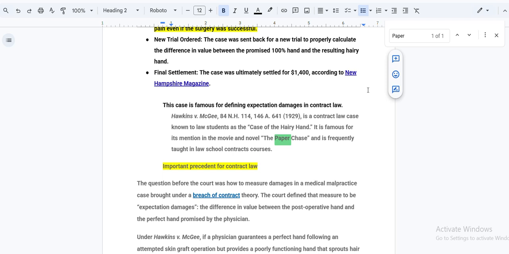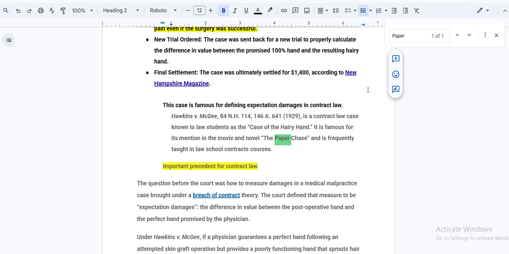What ended up being the finding of this case is that the doctor was liable for damages between the expected outcome and what was the actual outcome.